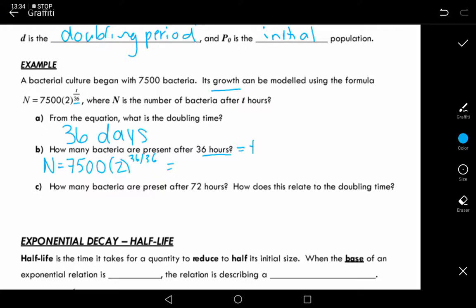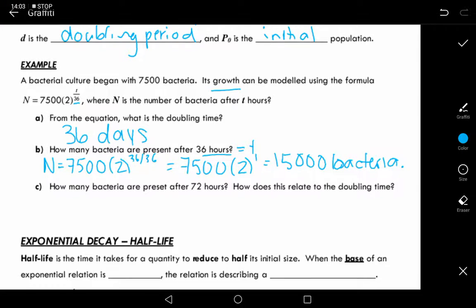Okay, well, 36 divided by 36 is just 1. So we have 7,500 times 2 to the power of 1, which is equal to, 2 to the power of 1 is just 2, right? So 7,500 times 2 is 15,000 bacteria.